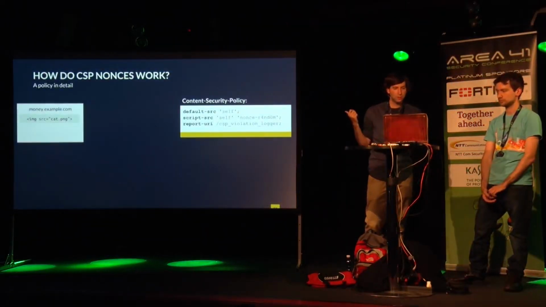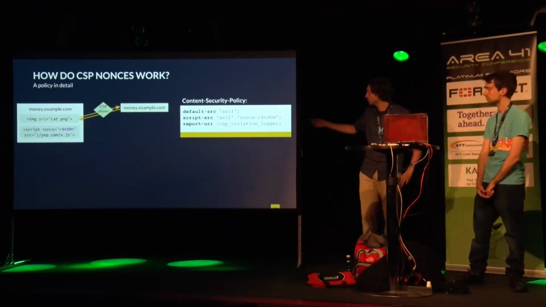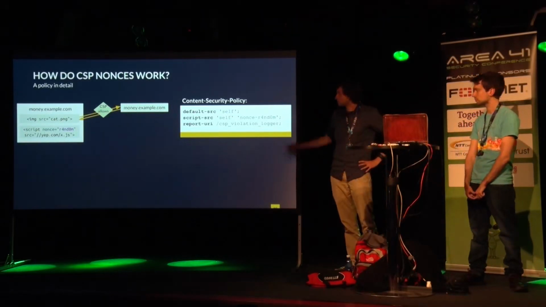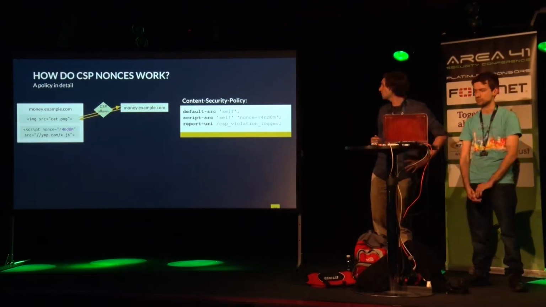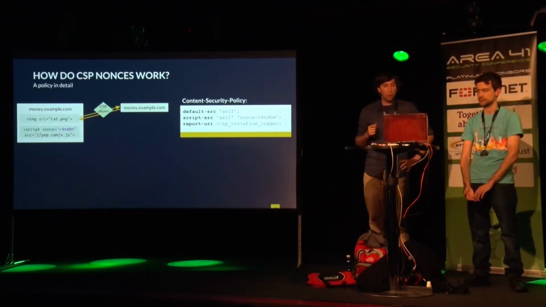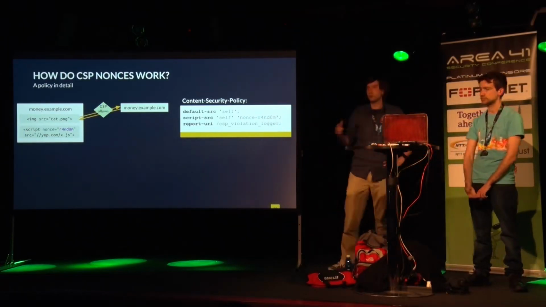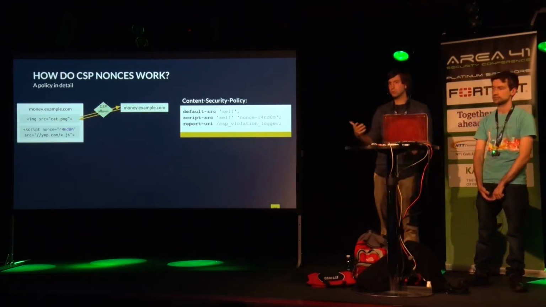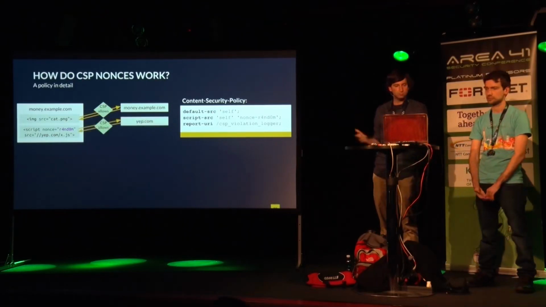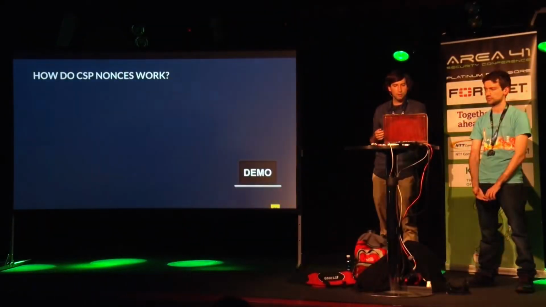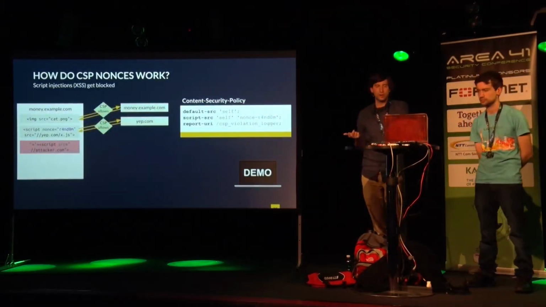Just a quick intro about nonces, right? So this is a CSP policy with a nonce, and the cat image still can load because the default source is self. The script on the very left also can load because it has the same nonce as in the header, right? The nonces are set per response. Every response has a new random nonce. And this is allowed. But if you're an attacker, you don't know the nonce beforehand, right?